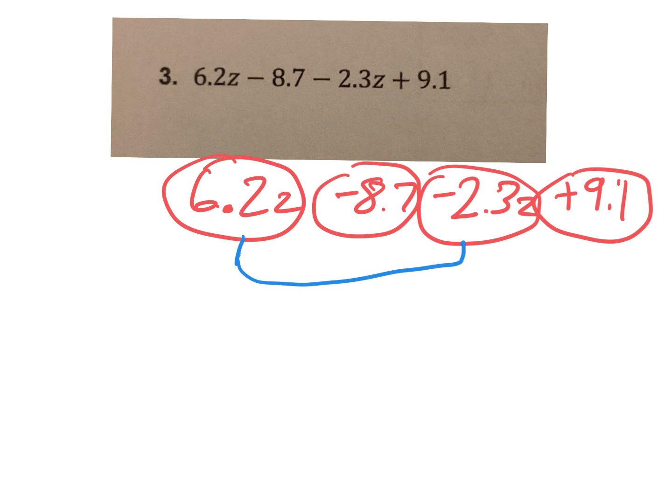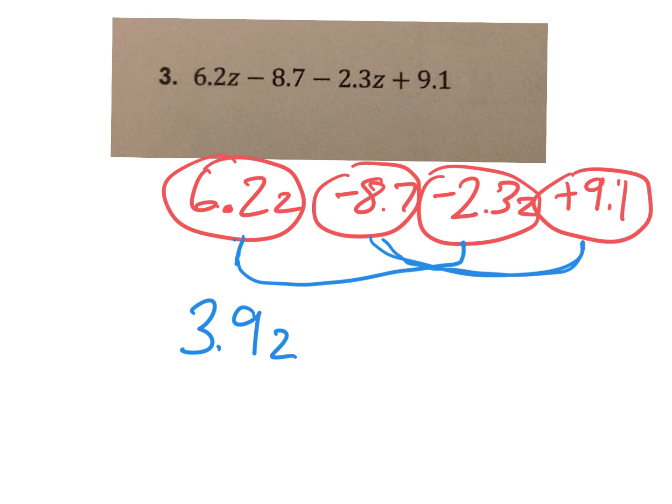Okay, so then I'm just going to take the 6.2z, that one's positive, this one's negative, the positive is greater absolute value, so I take the difference, and so the difference is 6.2 minus 2.3 equals 3.9z, and it's a positive.